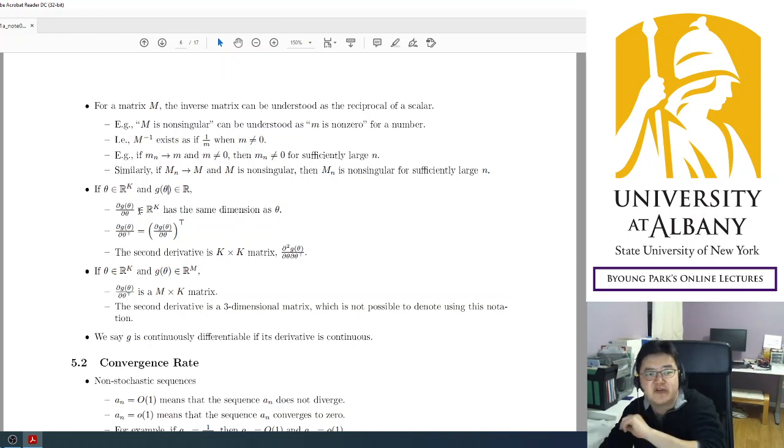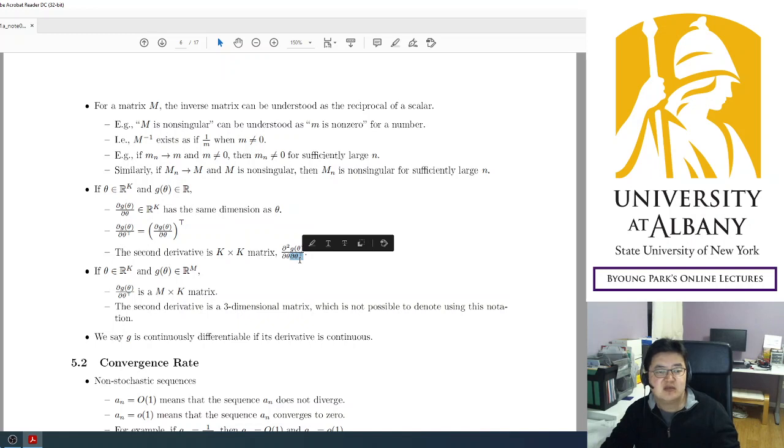So there must be k different derivatives, written as a k-dimensional vector. If you transpose in the denominator, it's equivalent to this. The second derivative is a k by k matrix like this: the first derivative is a k-dimensional function, and then you differentiate once more after transposing, and you get a k by k matrix.